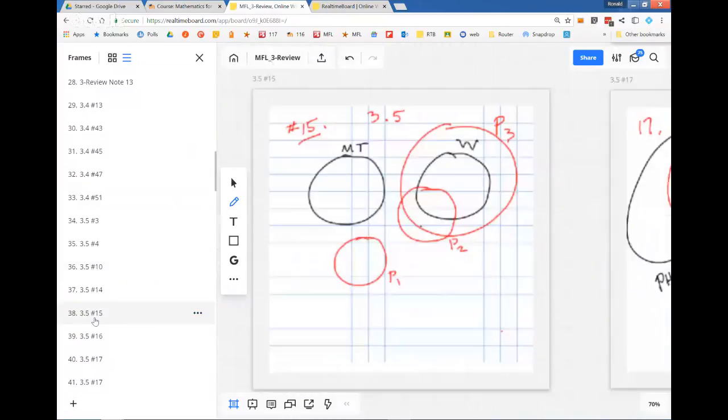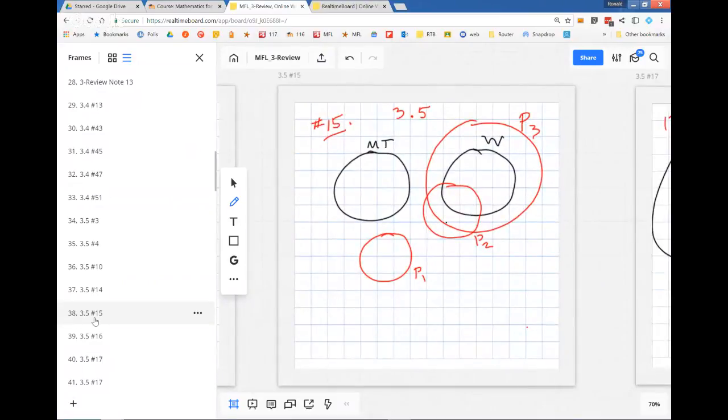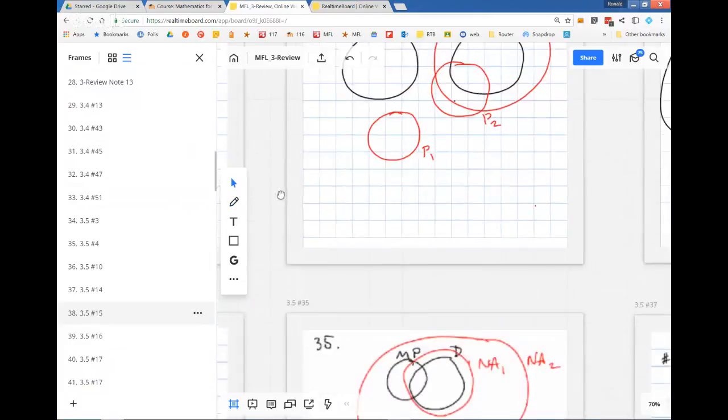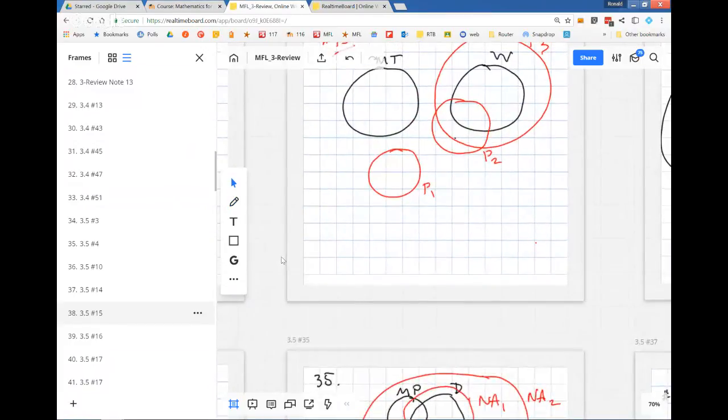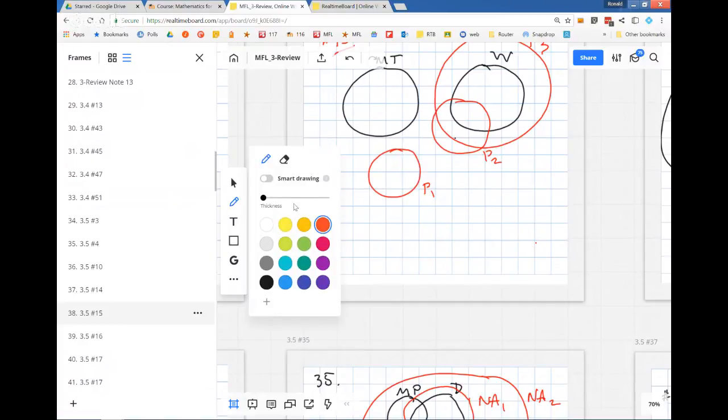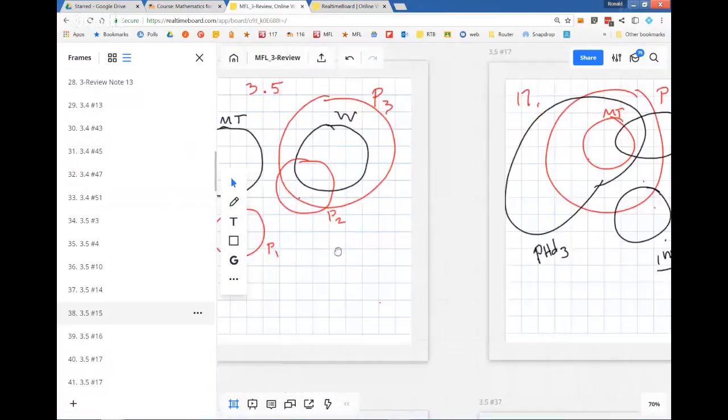Well, I've got 15 ready to go. This is the Euler diagram assignment. And it looks like there's circles everywhere here. So we'll just start this one over. Hopefully, let's see. Let me draw a line. How can we do this? Try to find a space off to the side.